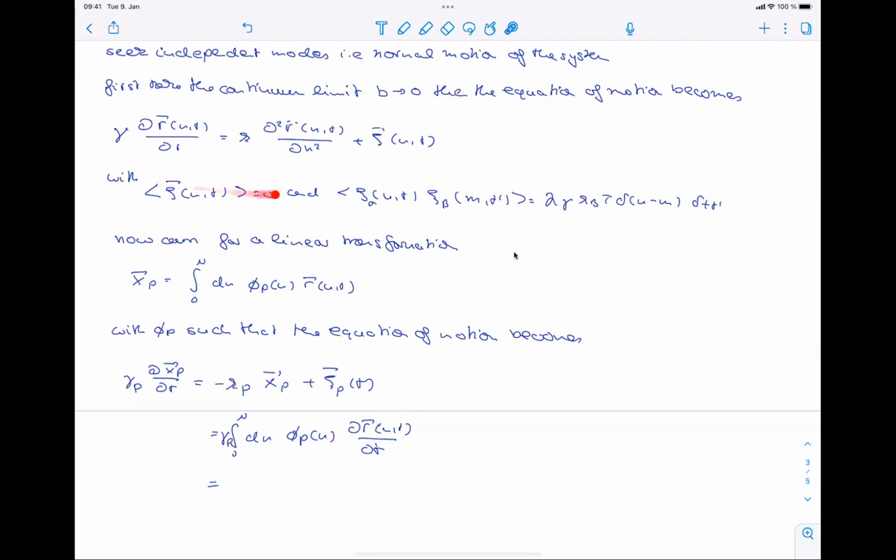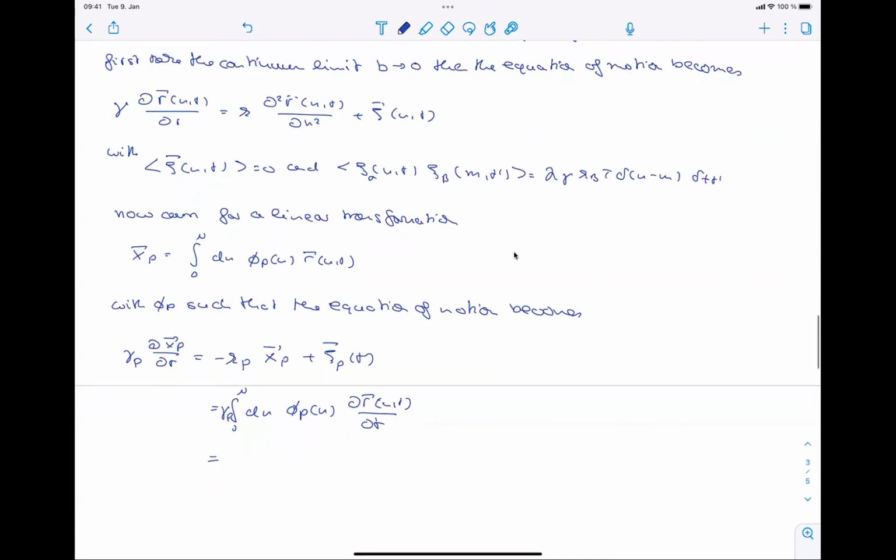These are specified by our overdamped equations of motion for the overdamped system up here. And so that's how we get gamma_p over gamma, dn.